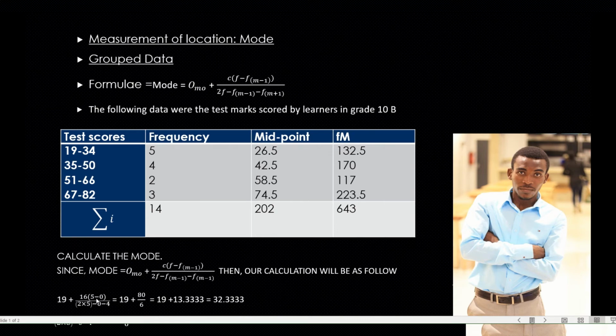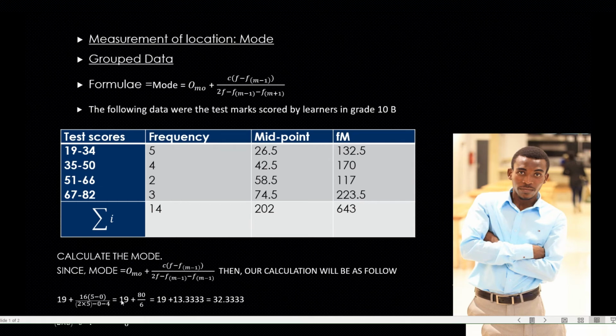So if we did that, then it is equal to 19 plus, on top here, if we minus 16 times 5, it will give us 80, and then we divide this one. If we make 2 times 5 minus 0 minus 4, it will be 6.